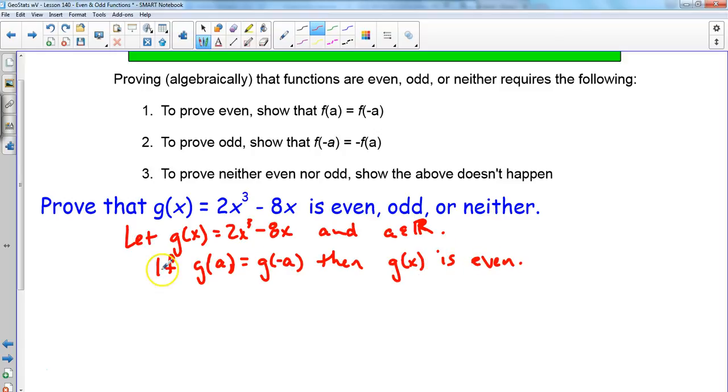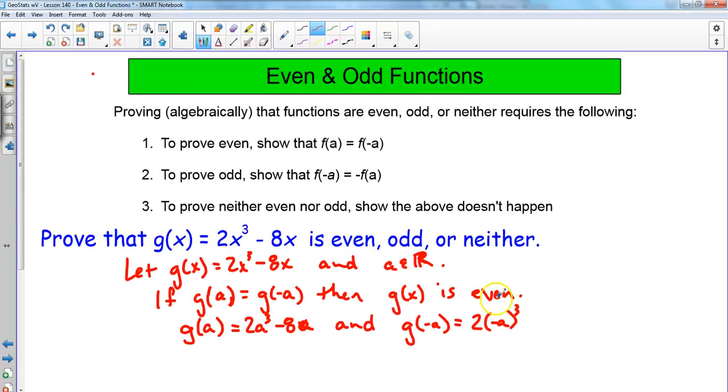So let's go through that process. We know g of a is equal to 2a cubed minus 8a. Just plug in an a wherever you see an x up top. And g of negative a is equal to 2 times negative a cubed minus, and we're going to plug in negative a here, so minus 8 times negative a.